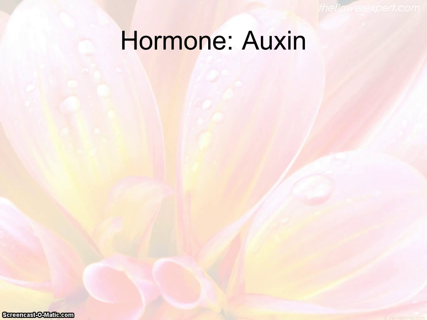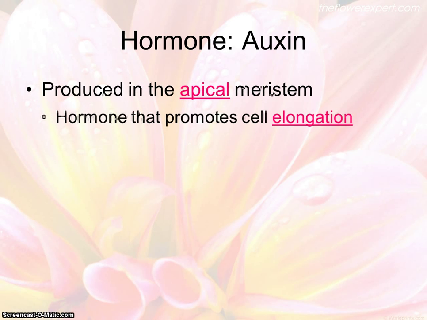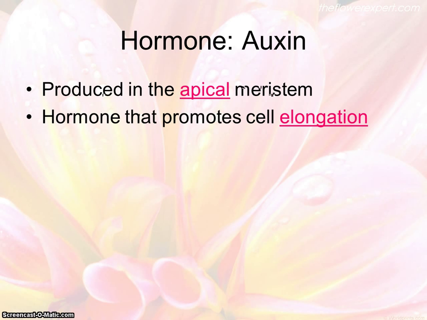So let's look at some of this stuff. One of the big hormones that are responsible for a plant responding to growth and responding to these stimuli is going to be auxin. Auxin is the main type of hormone.